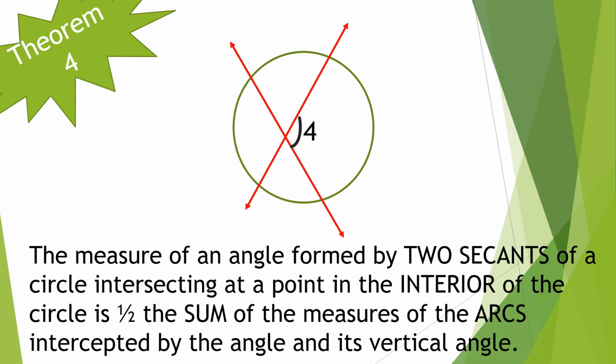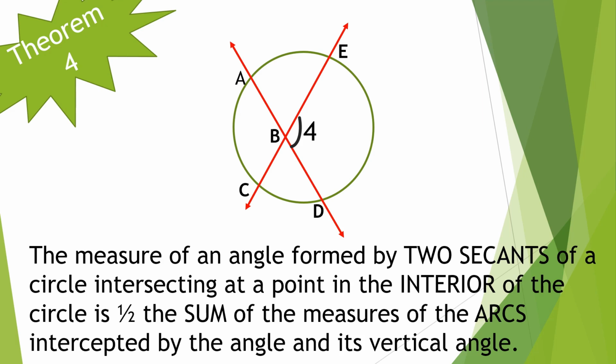The angle formed by 2 secants of a circle intersecting at a point in the interior of the circle is 1/2 the sum of the measures of the arcs intercepted by the angle and its vertical angle.